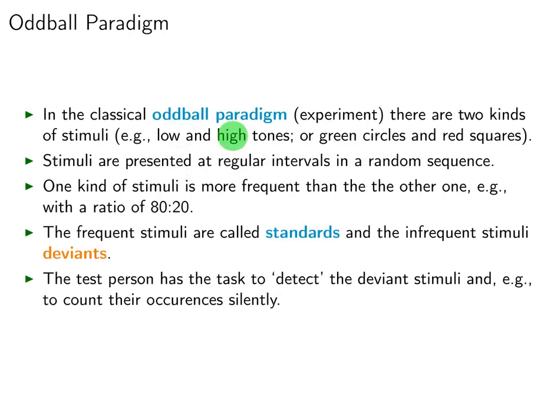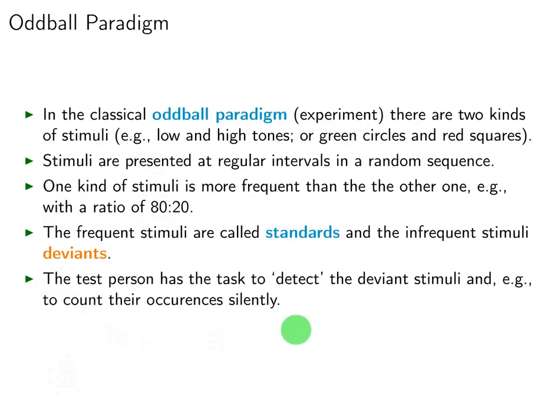One of the two stimuli is more frequent than the other, most commonly with the following ratio. One of the stimuli appears 80% of the time, the other 20%. The frequent stimuli shown 80% of the time are called standards, while the 20% shown stimuli are called deviants, standard versus deviant.